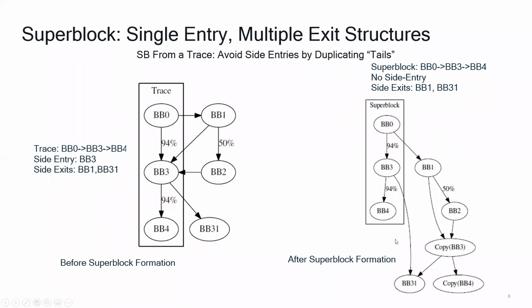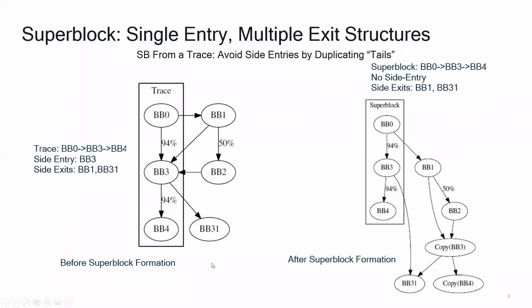Because moving across side entries is very complex and often error prone, we simplify the traces to form superblocks where there is no side entry. We achieve this by duplicating what is called the tail.